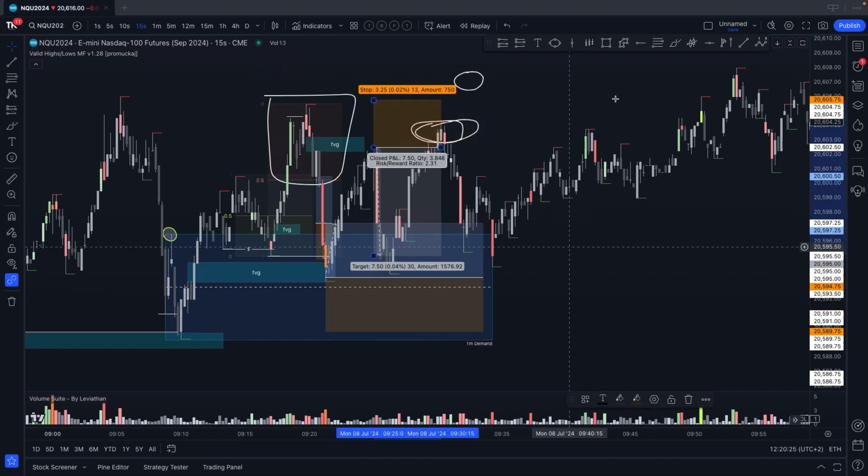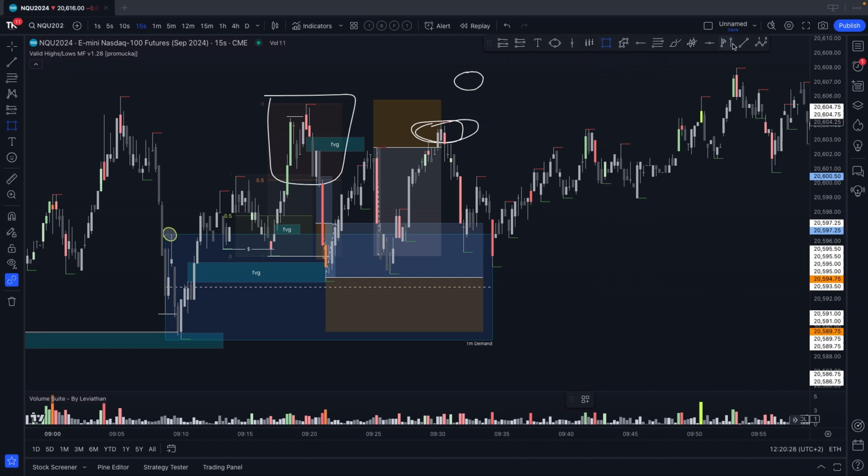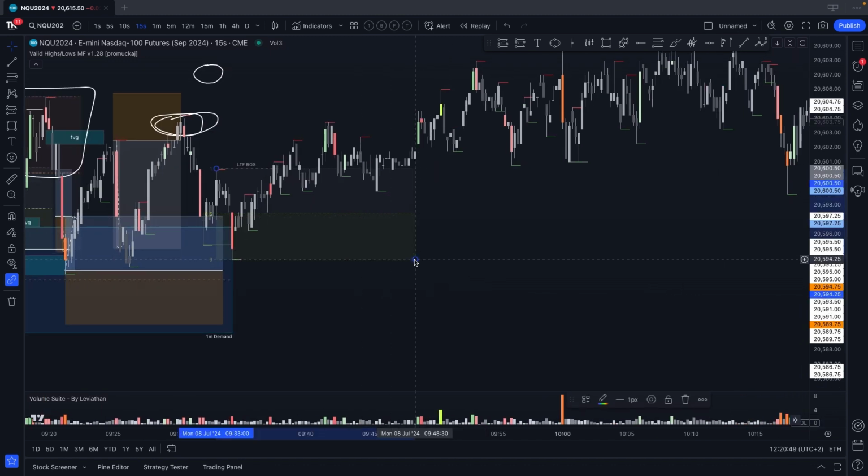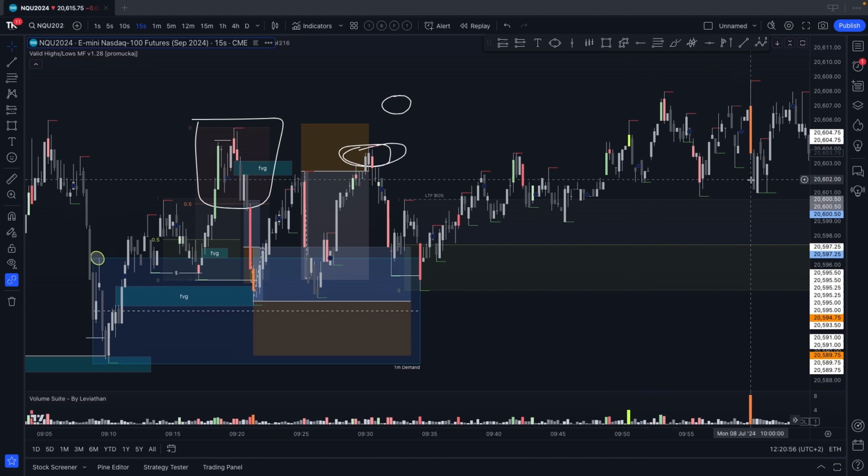So we go on, look here, we have this liquidity, we have this breakout structure, and so we have this zone. So we are waiting for the zone to be retested. So I'll try to extend the zone. Also here in this zone we don't have any further gap, so it's not a strong zone.